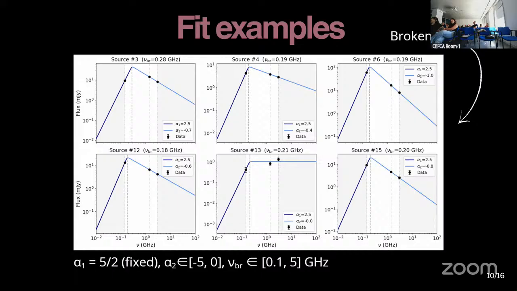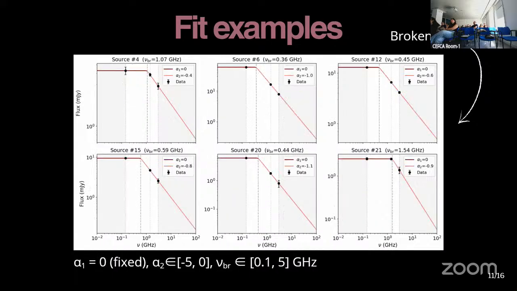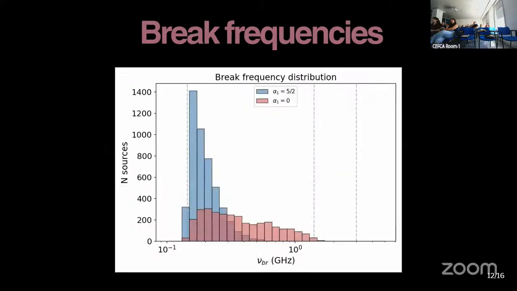I don't know if it would necessarily give you a quite distinct break frequency. What I did to decide and to stay with this option was because of the results more than the fits. You see that they pile up next to the edge of the range, which is kind of weird.